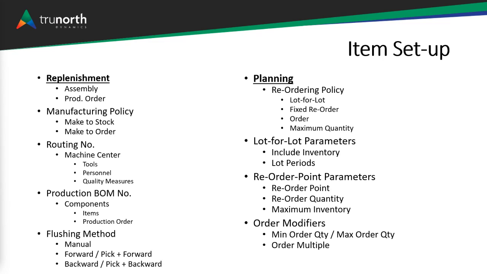If we're going to do a fixed reorder, we need to understand what those reorder points are and the reorder quantity. And is there a maximum inventory that we cannot exceed inside the warehouse? How many can we build up to that number? And then finally, the order modifiers, whether it's a minimum order quantity, a maximum order quantity, or some order multiple that we would need.